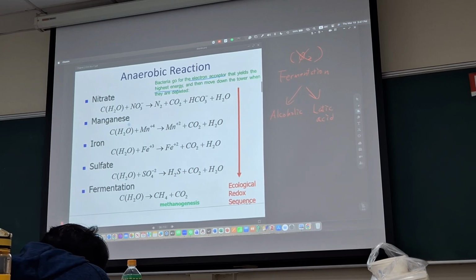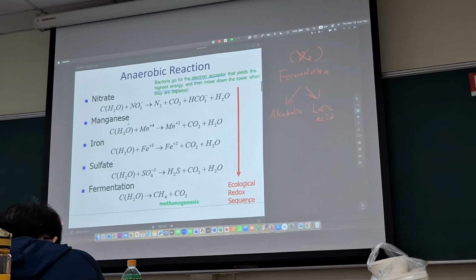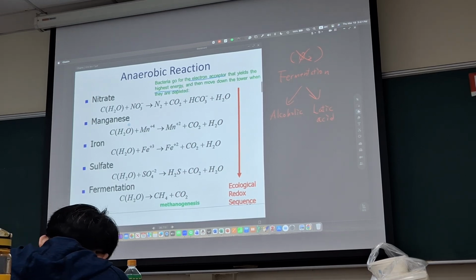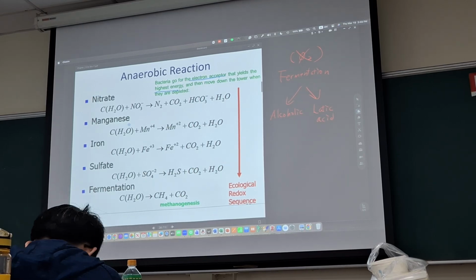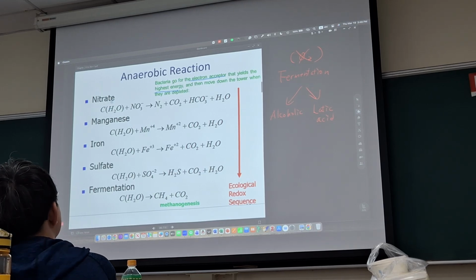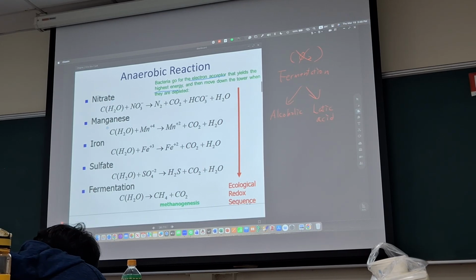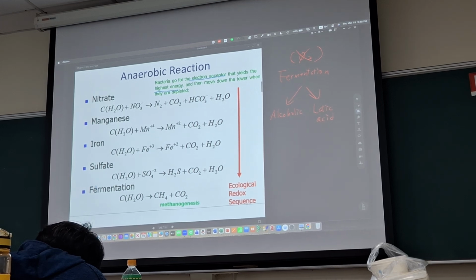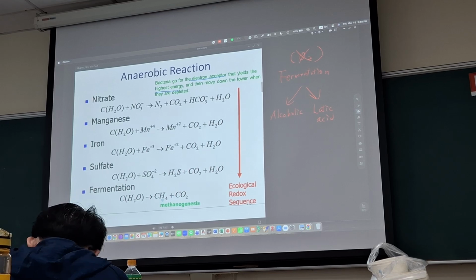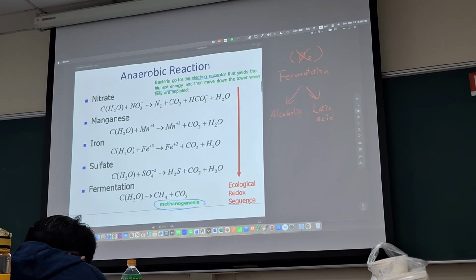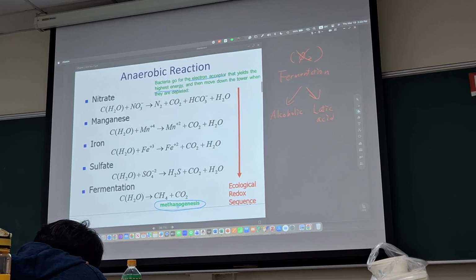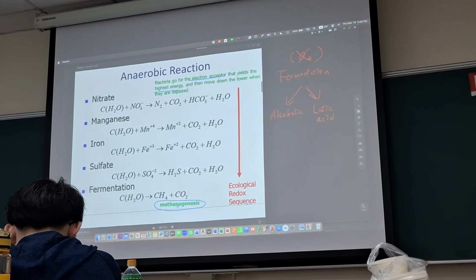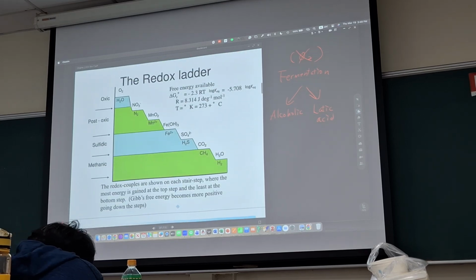So they move from high to low, and then move down the tower when the acceptors are depleted. So this is nitrates, manganese, iron, sulfate, and fermentation. And because this one produces methane and carbon dioxide, we also call it methanogenesis.